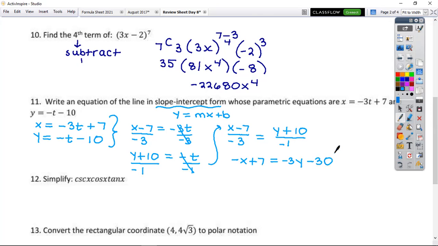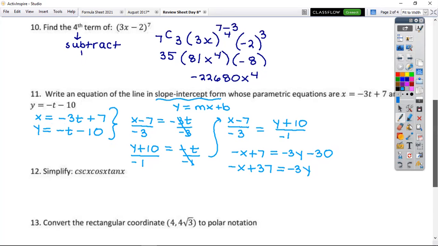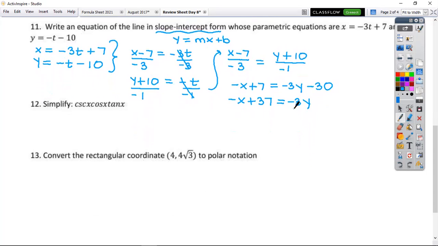Again, just solve for y equals. So you're going to take your 30 over to the other side. So I have negative x plus 37 equal to negative 3y. And then you're going to keep going. So divide by negative 3 and divide by negative 3.